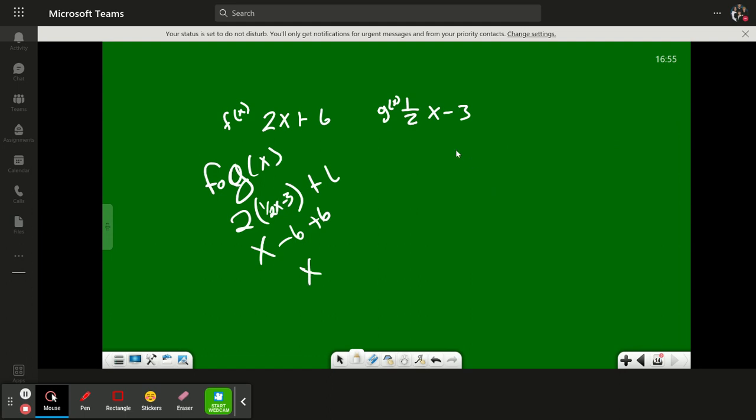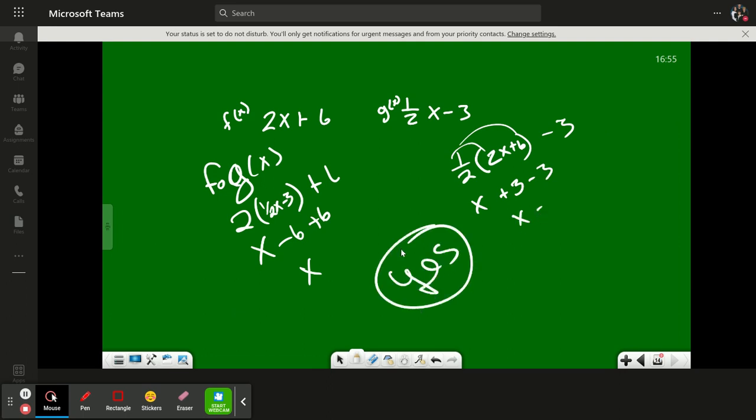If I say 1/2 times parentheses minus 3, then I need to put 2x plus 6 in here. Distribute that 1/2. So again, my answer is yes.